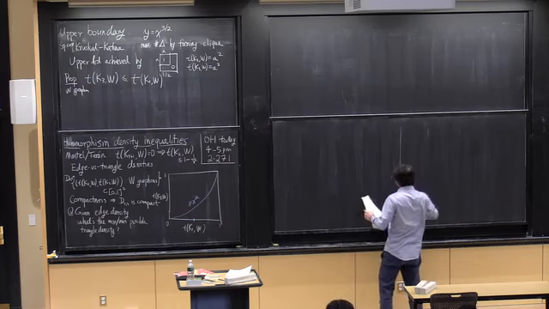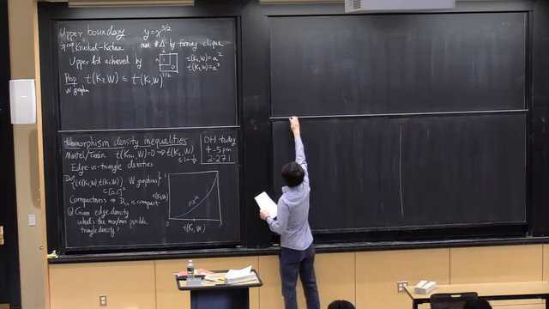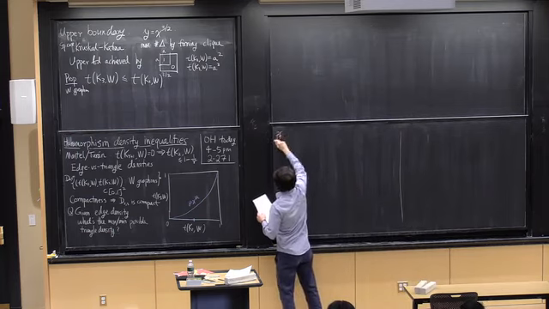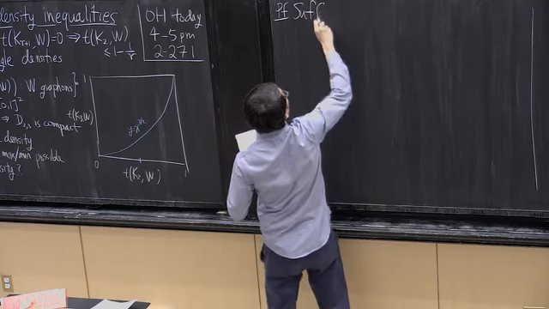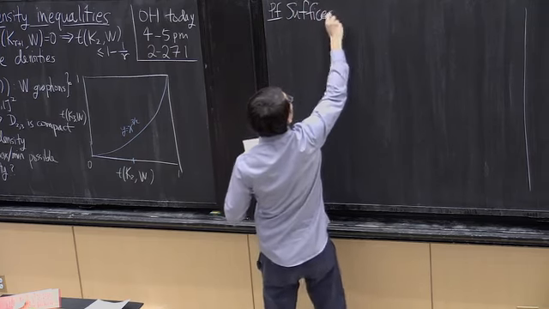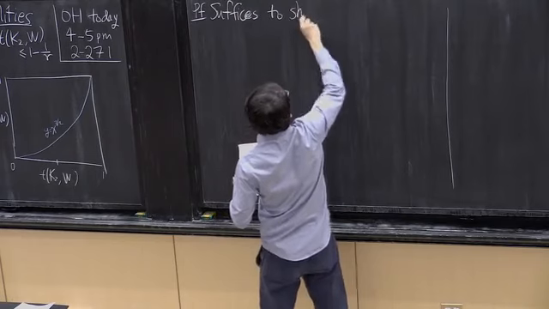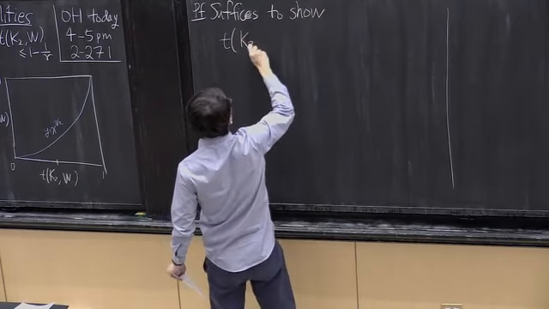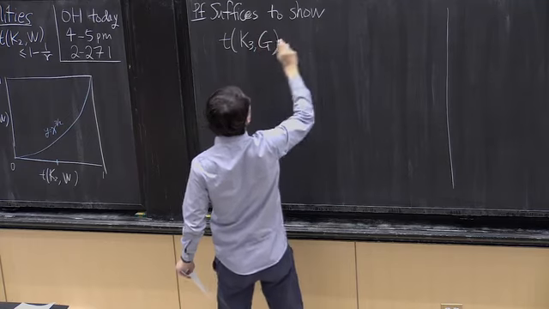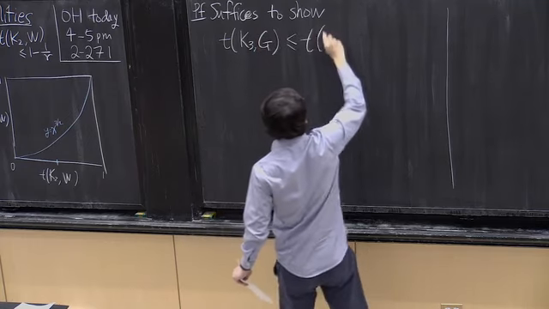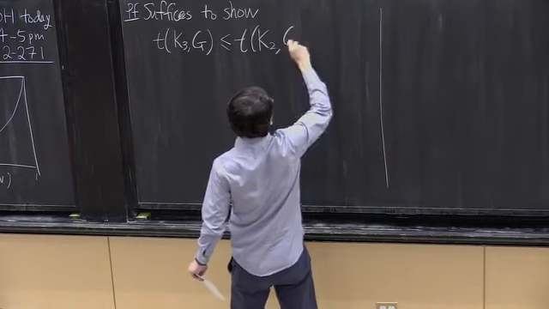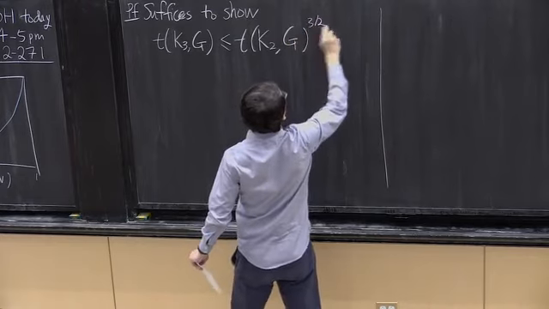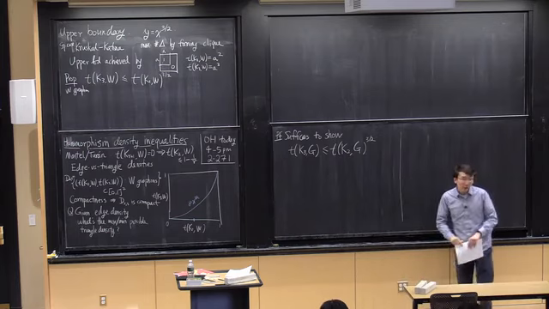So it suffices to show the corresponding inequality about graphs, namely that the K3 density in a graph is at most the K2 density in a graph raised to the power 3/2.